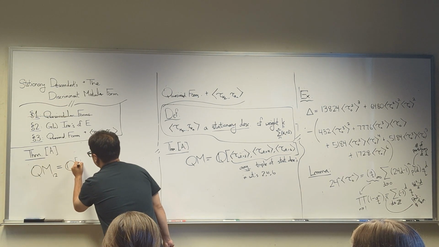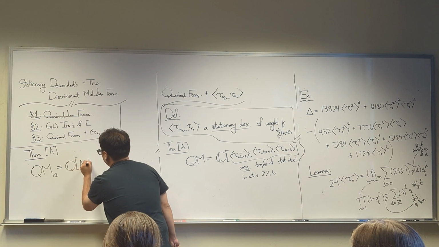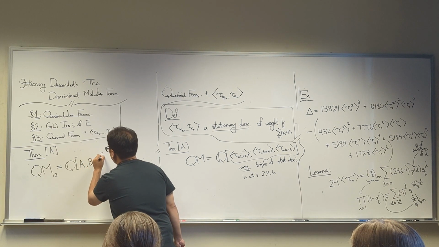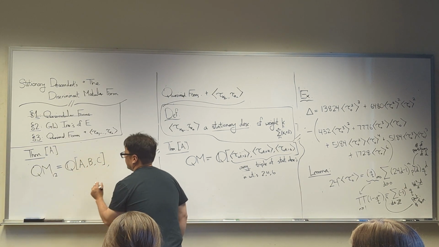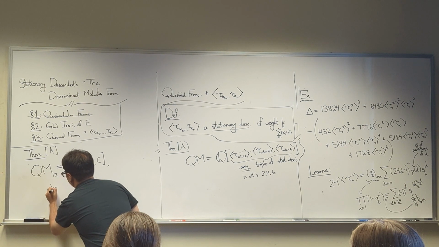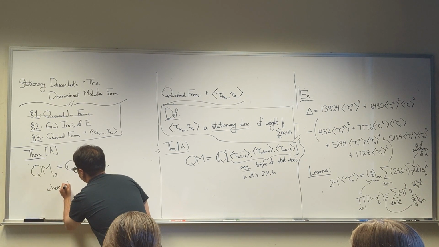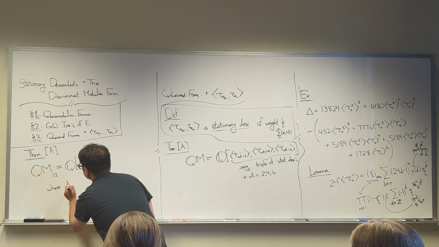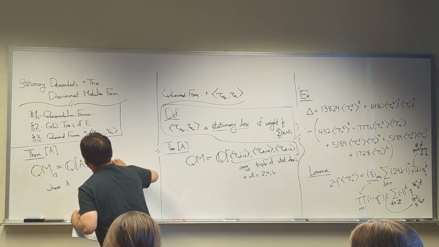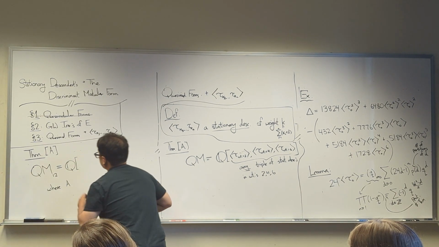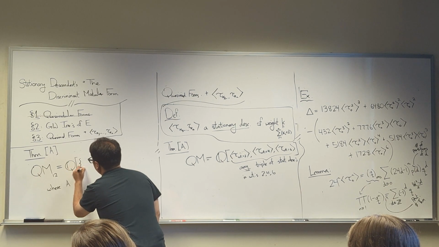So I'll call it ABC, where actually not just three things, but maybe a collection of all of them.